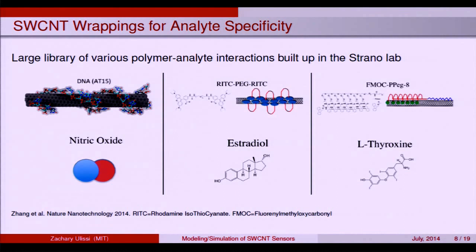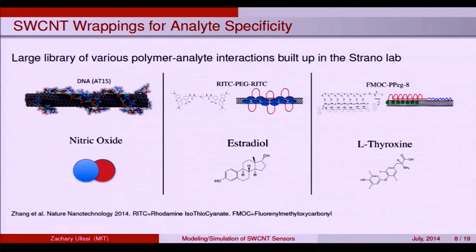But we also found that these other polymers, rhodamine isothiocyanate connected with a polyethylene glycol chain, happens to recognize estradiol, and FMOC PPEG8, another arbitrary polymer that one of the graduate students picked, happens to recognize L-thyroxine.